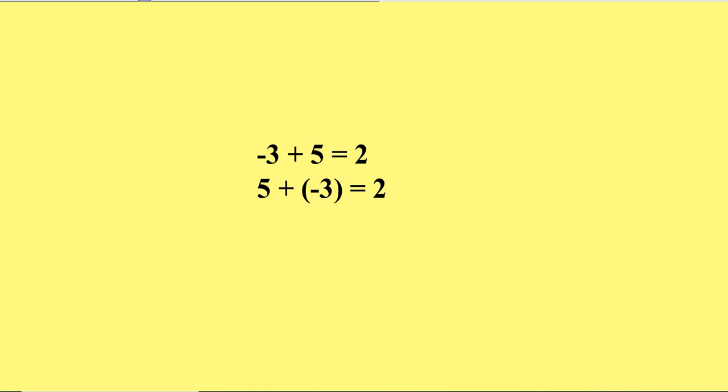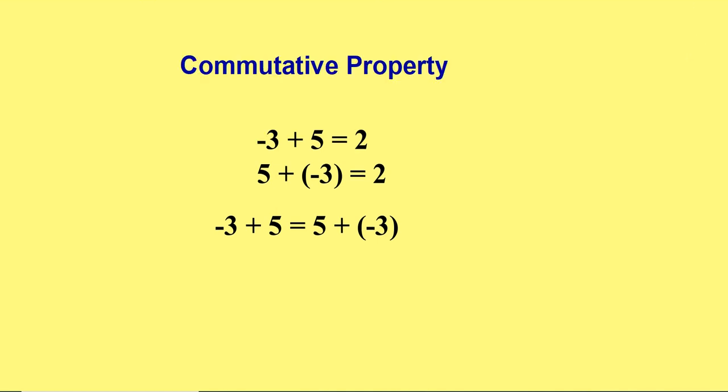So we can write negative 3 plus 5 is equal to 5 plus negative 3. This is a property, and this property is called commutative property. So here when adding two integers in different orders, you are getting the same answer.